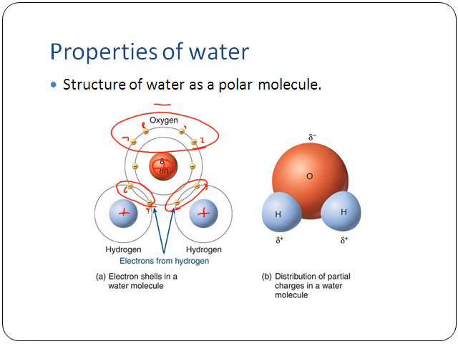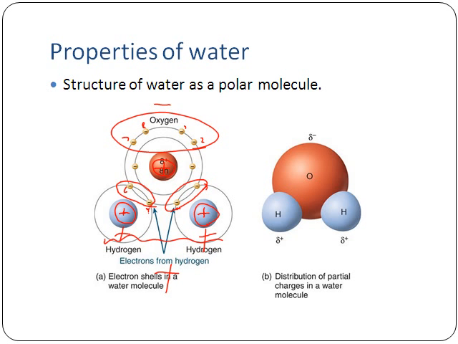As a result, the negatives of the hydrogens tend to be on the inside of the water molecule, which means that the bottom part of the molecule, right down here, is mostly going to see the positives from the nuclei. As a result, the bottom part, the hydrogen part of the water molecule, is going to be positive.